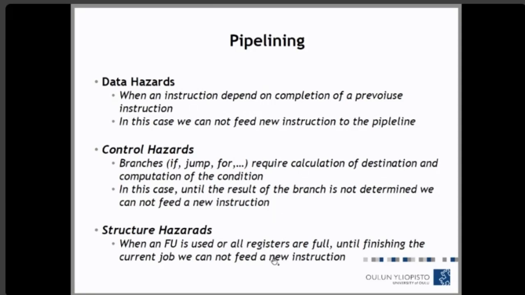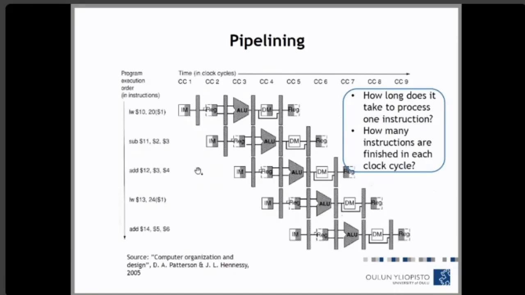And the last one is the structural hazard. This can be a situation where register files are full, or two consecutive instructions want to use the same hardware. So in this case, this is a load, this is a sub, this is an add. So sub and add both use, let's say, the adder unit, because this full adder can be turned into a subtractor.